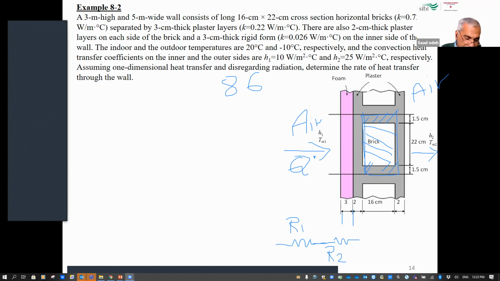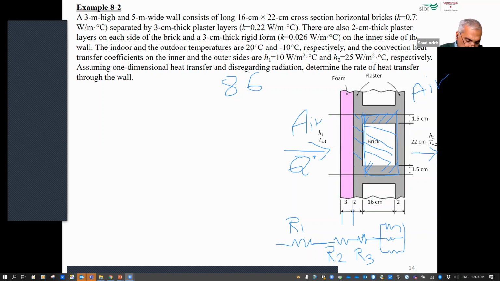So I have 2 layers of cement, and in between there's a brick. So I can divide this into 3 layers. Sorry, before I go there, this thickness of cement is another R. It's R3. Then I divide this into 3, all these 3 layers of brick setting.